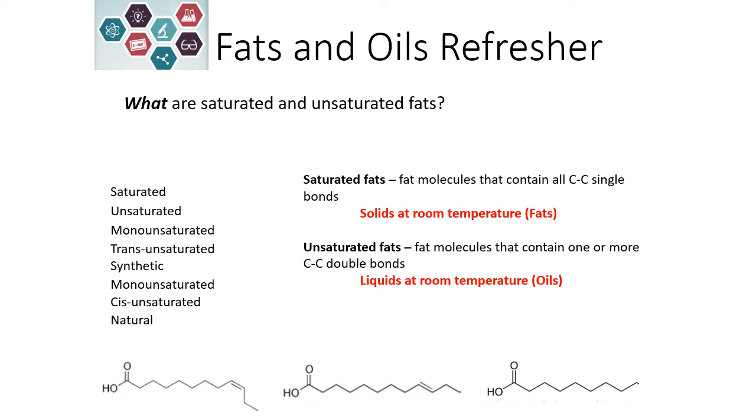They come from animal sources, most frequently, like butter, from the milk of cows, or lard, which comes from the fat in or near the muscle of animals. And so those are what we typically refer to as fats. So they're saturated, they can't contain any more hydrogen, all single bonds.